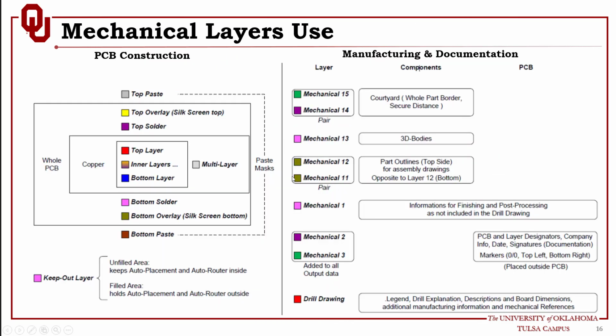Now, when it comes to mechanical layers, the purpose of a mechanical layer is to convey human readable information. Yet, there is no standard for mechanical layer configuration. However, as with all library components, consistency is crucial. Therefore, whatever is established for your organization should be agreed upon by all and followed thereafter.